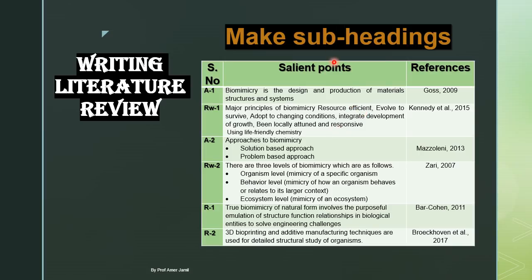Based on this data, you have to make the subheadings by yourself, which one is important based on your topic, and what are the important headings that you need to discuss, so that the reviewer or the reader can see what was the gap and what was the importance of this project that you conducted.